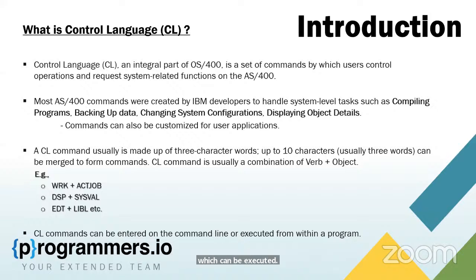Let's say there are a group of CL commands which we need to execute to perform a specific task, and we are repeatedly executing those commands. Rather, we can create a CL program which executes that set of commands, and we can simply call that program rather than calling each command individually, one by one, repeatedly. So with the help of a program, we can achieve that.